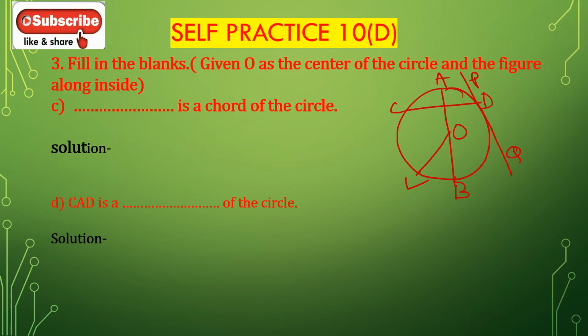C and D are the 2 points on the circle, and CD is the line segment joining C and D. So CD is the chord of the circle.